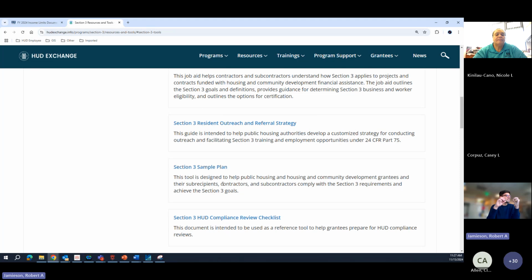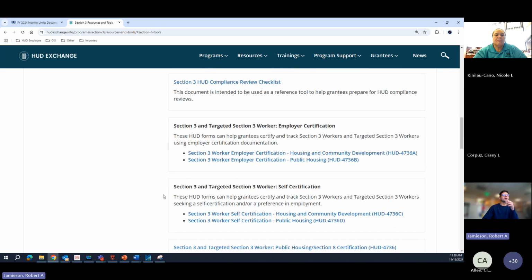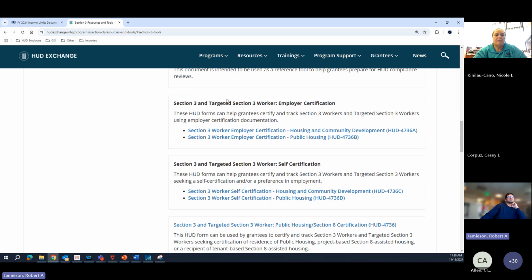Again, these are not required, not official forms, but they're almost meant to be inspiration for you all to take and use, to put your headers on, to put information that's specific to your grants, to your communities in these plans. So I'll quickly open up, as you can see here, worker certification forms.